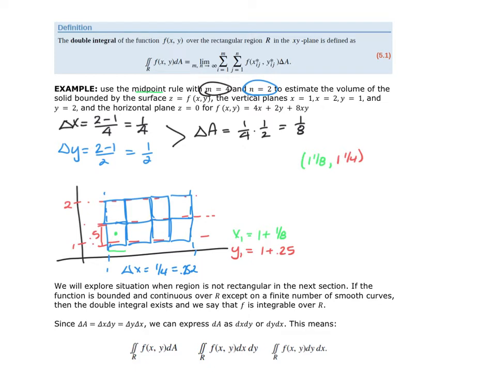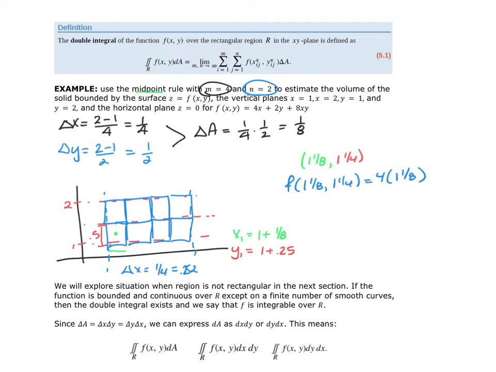I'm going to put these values in to figure out what my function is for that. So I put f of 1 and 1/8, 1 and 1/4 into this function. So I have 4 multiplied by 1 and 1/8. I'm actually going to get my calculator out and write it as a decimal.